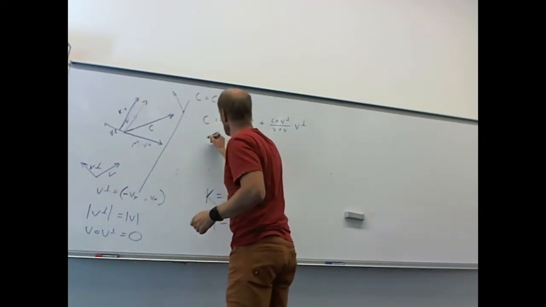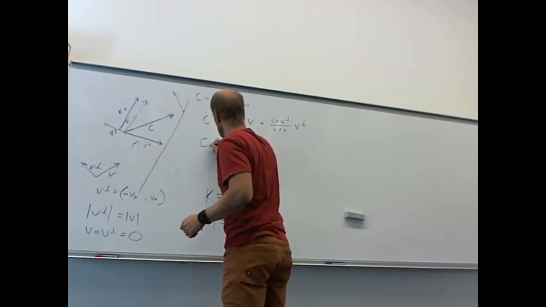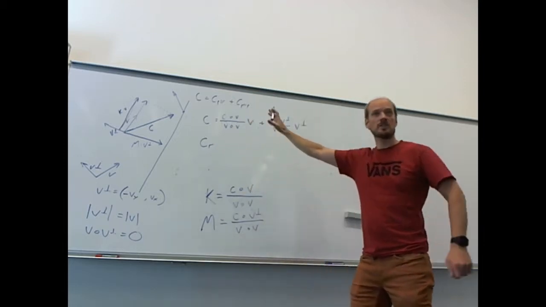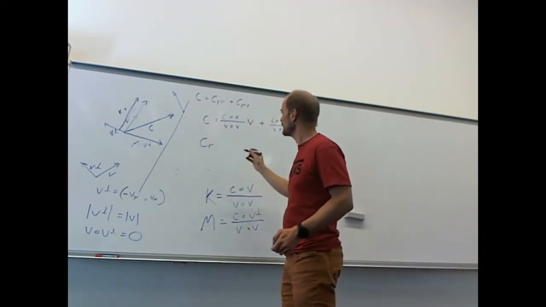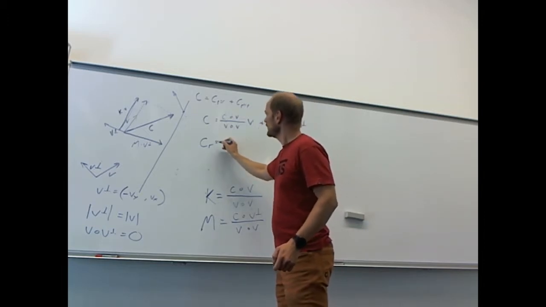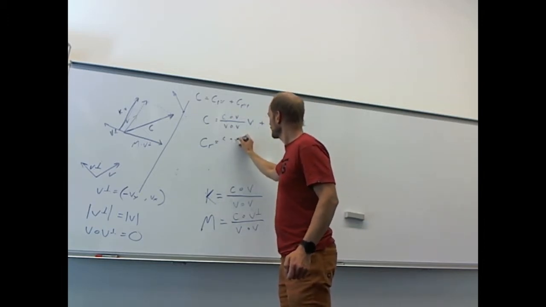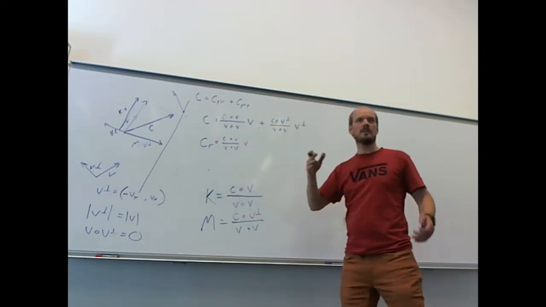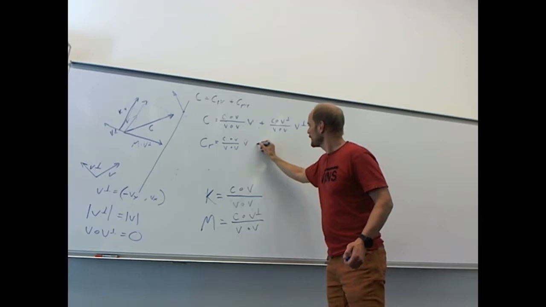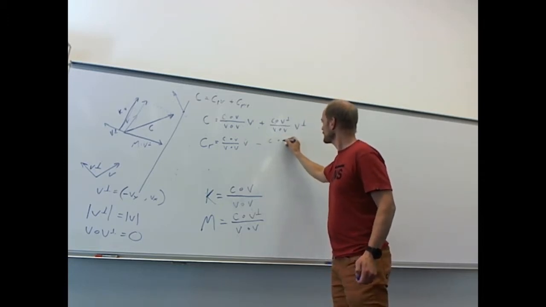So we can say our reflected c, and I'm going to change this and simplify this actually, but for now we can still say, since the reflection is what we're looking for, our reflected c equals the part that's parallel to v, unchanged, minus the part that's perpendicular.